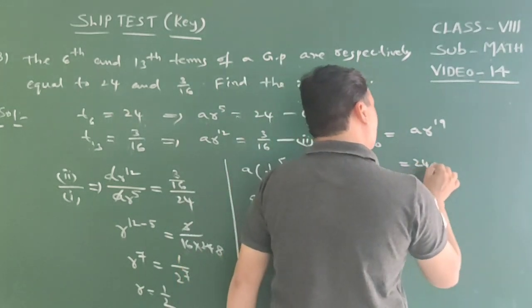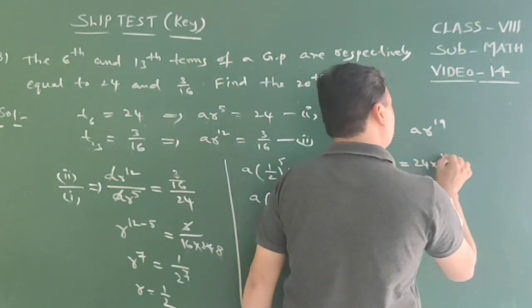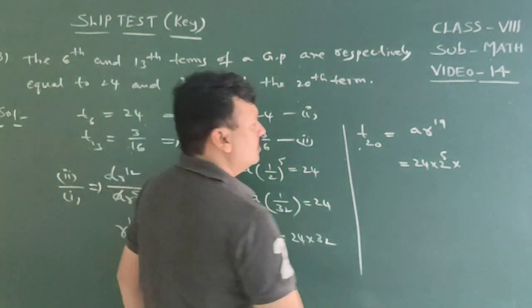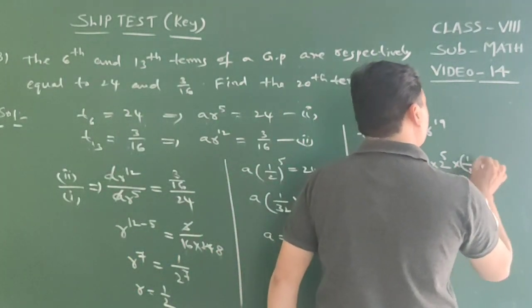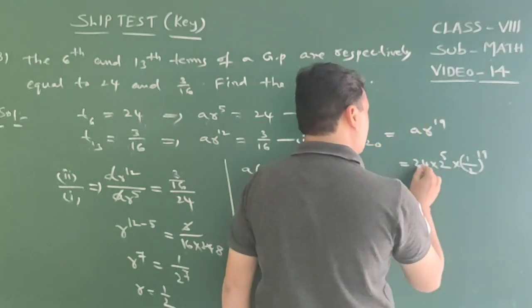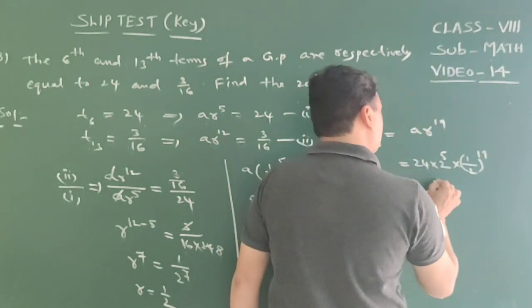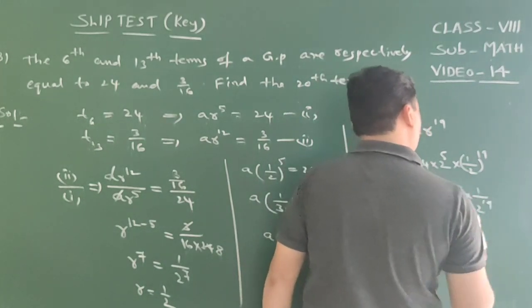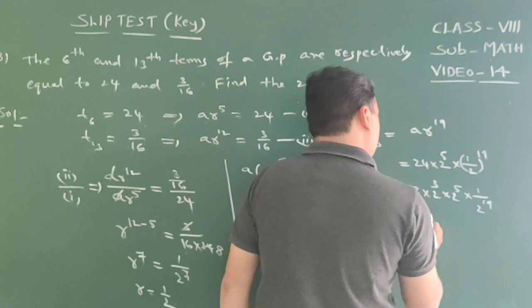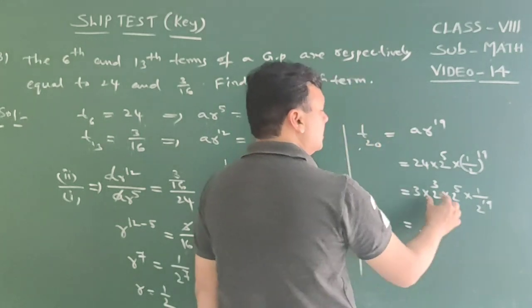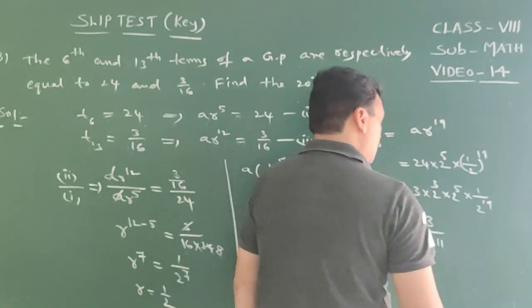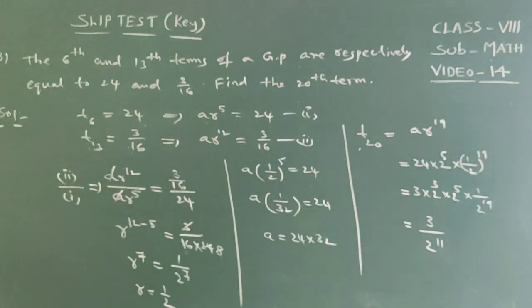Here a equal to 24 into 32, means 3 into 2 cube into 2 power 5. r means 1 by 2 whole power 19. Here 1 by 2 power 19. So 3 divided by, here 3 plus 5 is 8, 19 minus 8 equal to 11. 3 by 2 power 11 is the required answer.